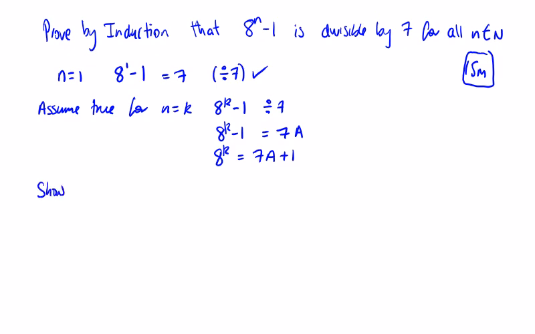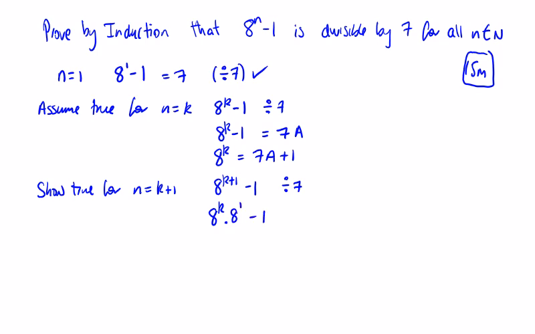So show true for n is equal to k plus 1. So we get 8 to the power of k plus 1 minus 1 would have to be divisible by 7. So 8 to the power of k plus 1 is 8 to the power of k times 8 to the power of 1, and we have the minus 1.